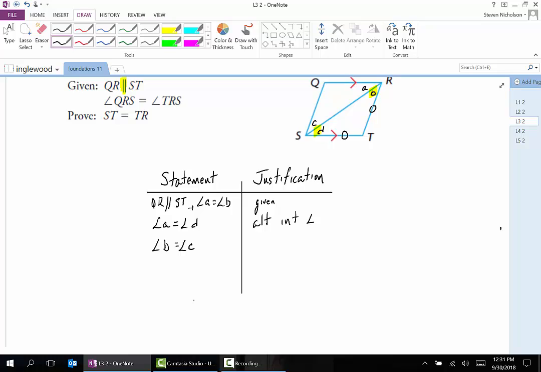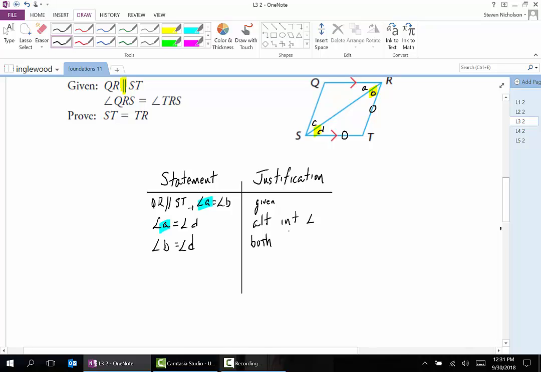Here's what I do know with respect to angle B. I know that angle B equals angle D as well, and the reason is they both equal angle A. So angle B equals angle A, and D equals angle A. Therefore, they equal each other.